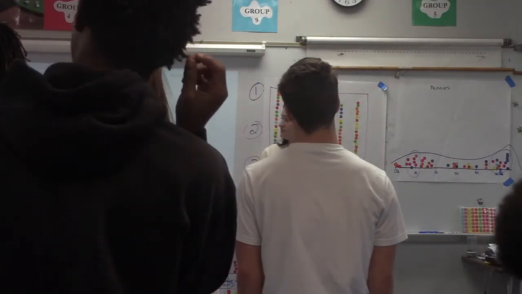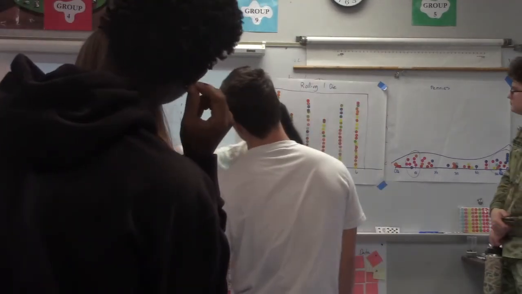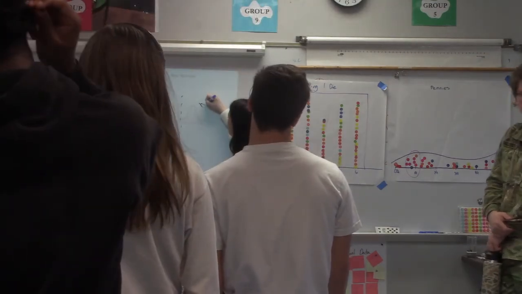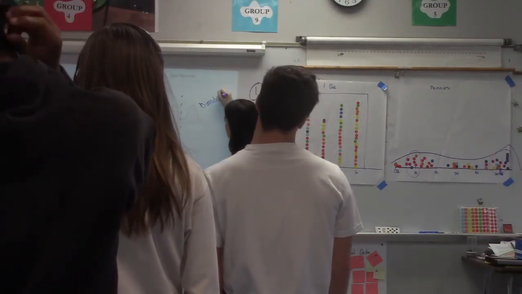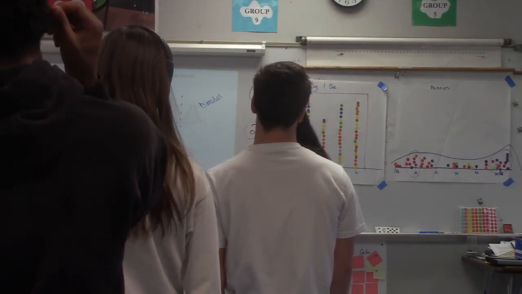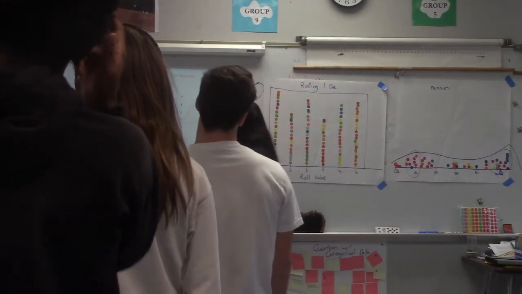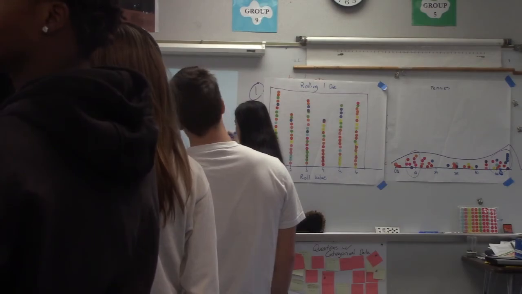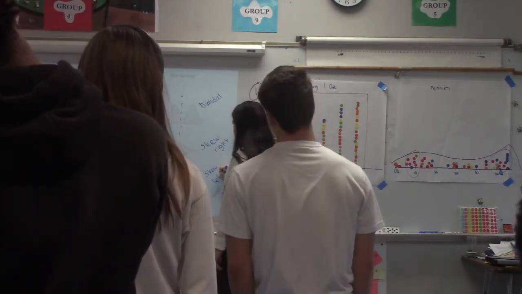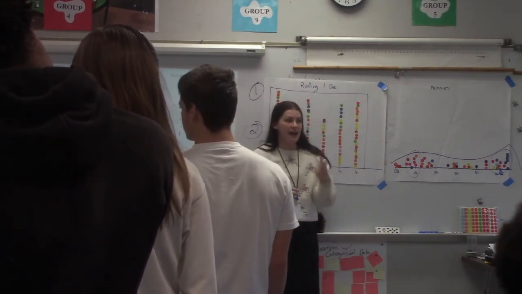Yeah, the first one is symmetrical, right? But what's different about this that makes it not like these? It's bimodal. What about this one? This is unimodal. It has one hump, but it's skewed to the right. And then what about the last one? Skew left.